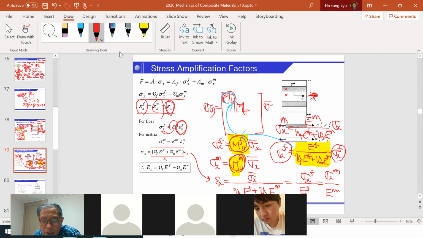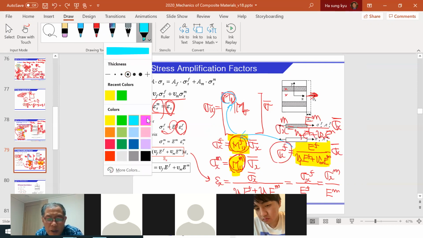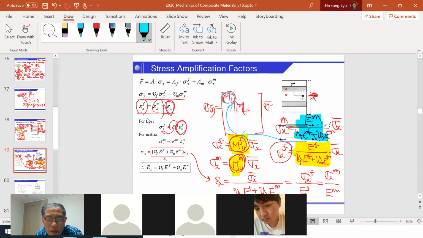Okay, sorry, this is the sigma x bar, right? Sorry, and again this is sigma x bar. So this will correspond to this term.